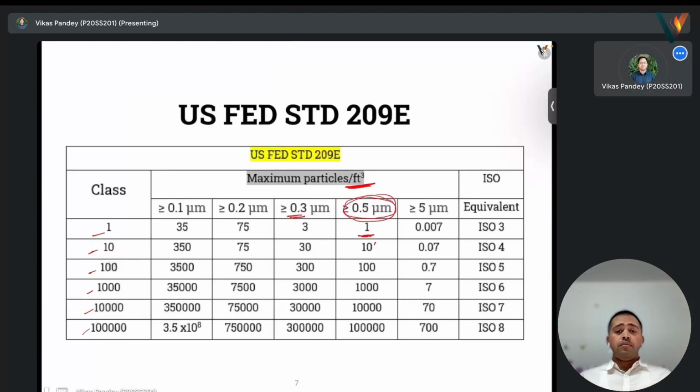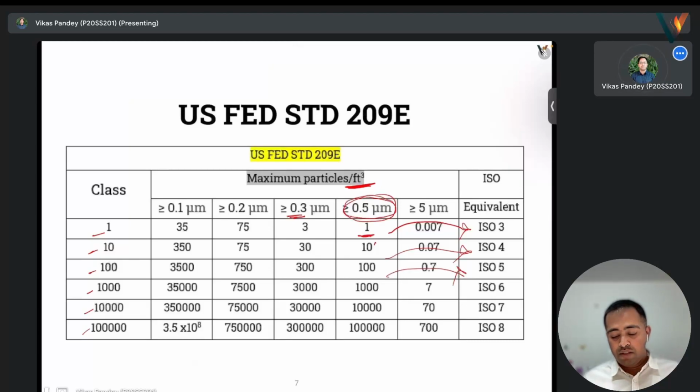Okay, then only one is allowed. So you can understand how clean or how strict it is. Then going towards class 10, 10 particles of this size in the same quantity are allowed. Then class 100, 1000, 10,000, and lakh. They are equivalent to some ISO standards.